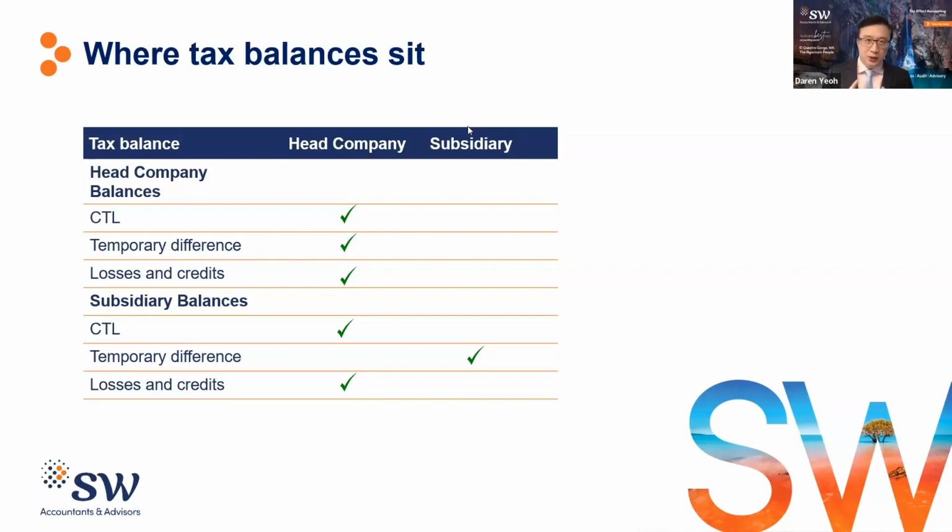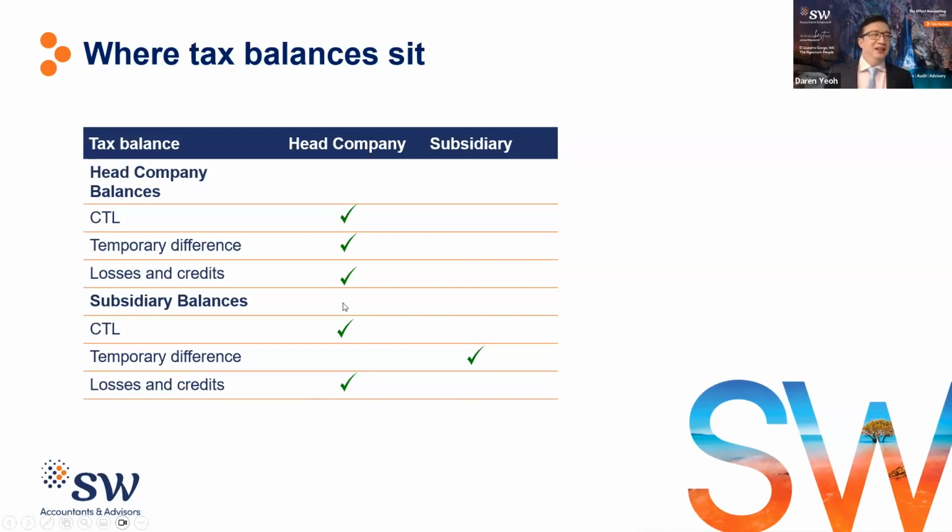But under UIG 1052, the CTL on recognition is required to be transferred immediately to the head company. So you can see here, CTL needs to be transferred to the head company. Same thing with DTA on losses and credits, which gets transferred to the head company.